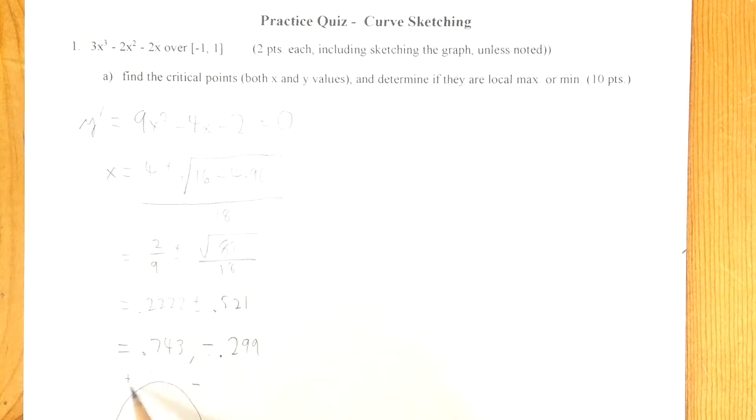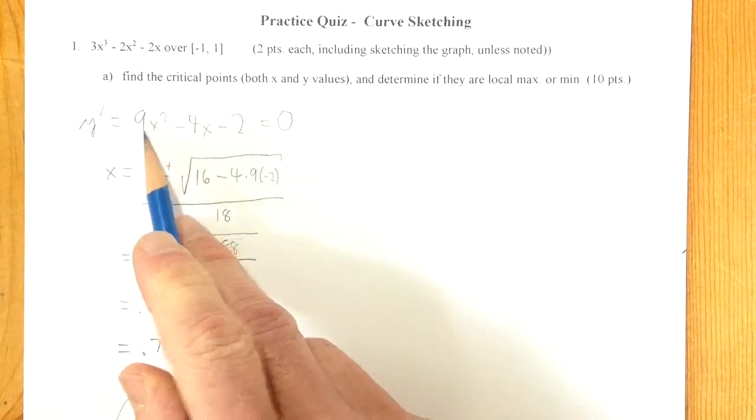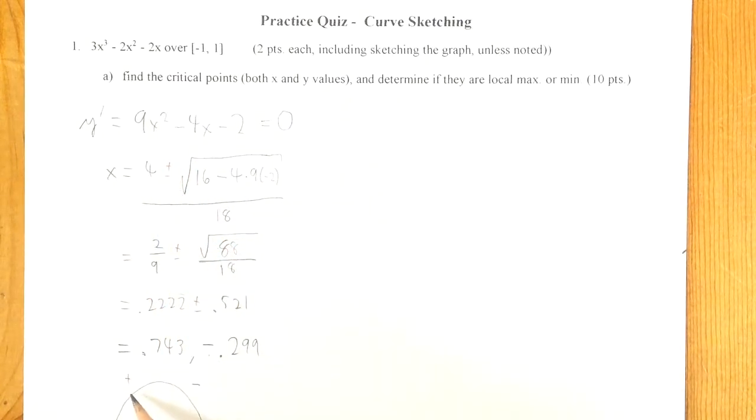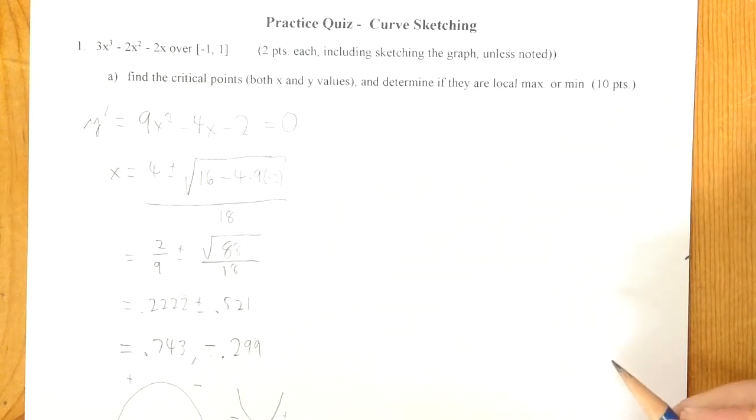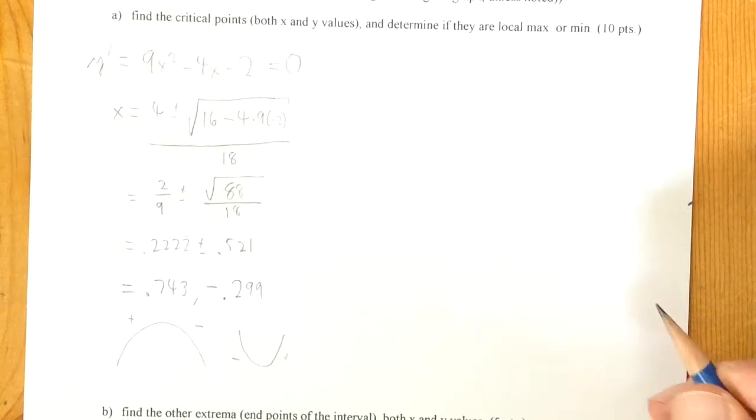Like at 0.7, we could plug 0.7 in here, see if it's positive or negative, and then plug in something bigger than 0.743, like 0.8. If it's negative and the first one's positive, we know it's a max. If it's the other way around, going from negative to positive, we know it's a minimum. That's kind of a lot of work. I mean, it's not too bad.